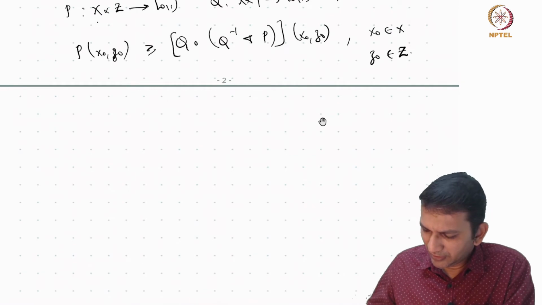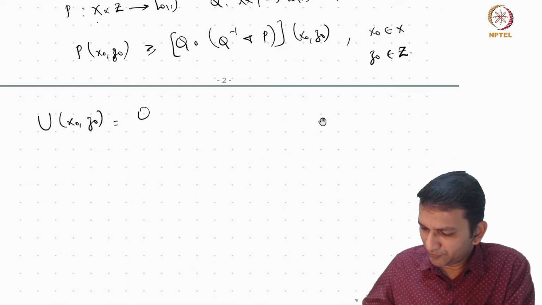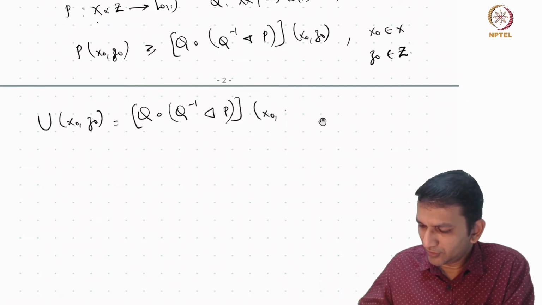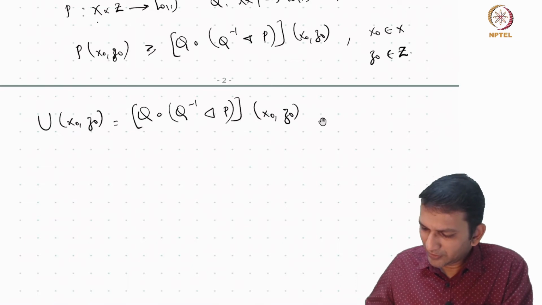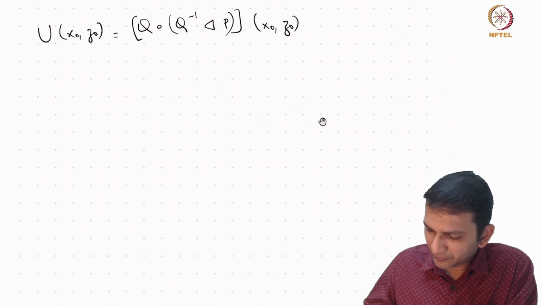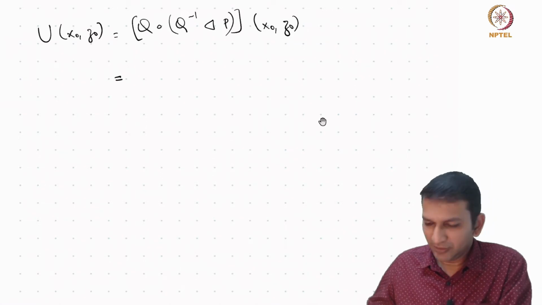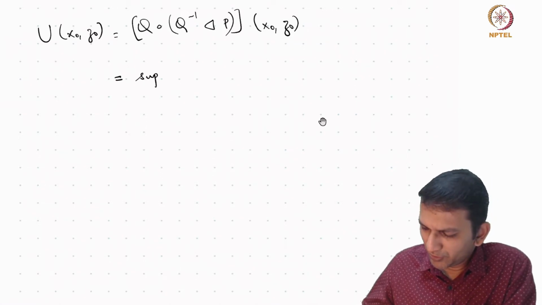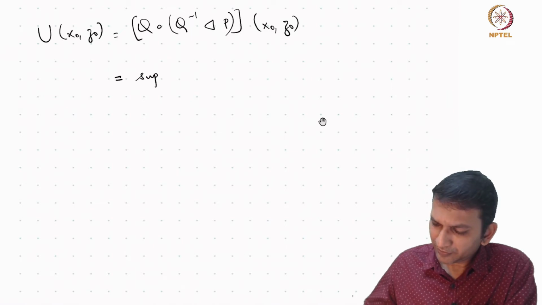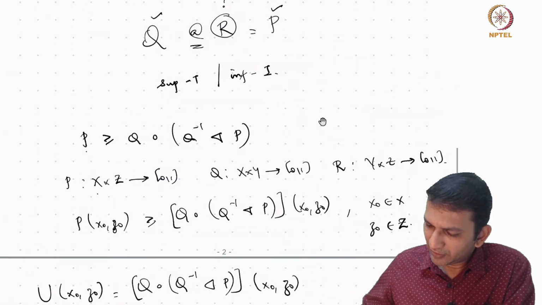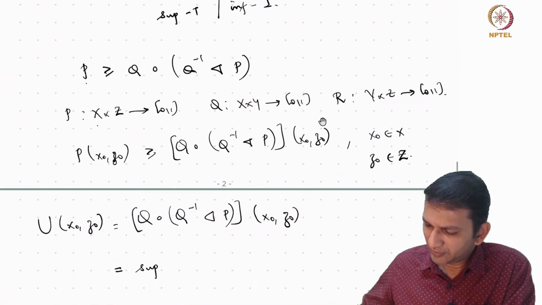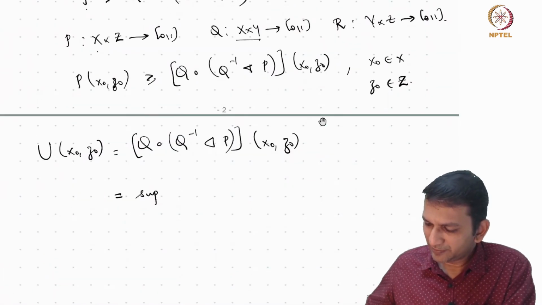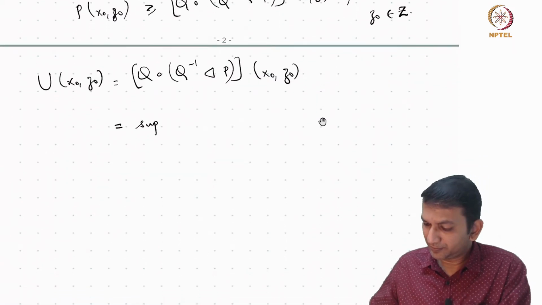Now, let's write the right hand side as U of x0 z0, equal to Q circle Q inverse delta P at x0, z0. Now let's expand on this. This is the sup-T composition, so what we will have is a supremum.